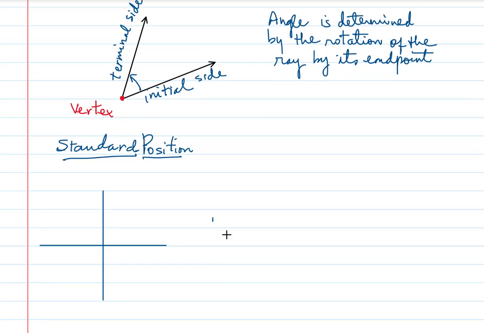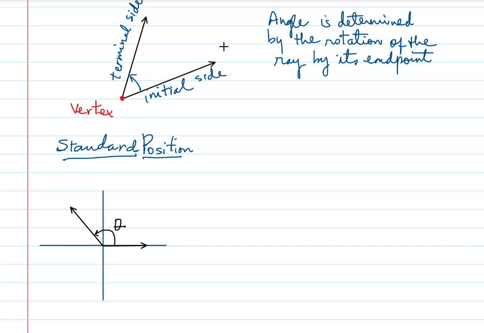I'm going to go ahead and place this initial side right here on the positive x-axis, and then of course the terminal side would be wherever that lands. So let's say it lands in the second quadrant there. We have our angle here, so let's call this angle theta. So this is a standard position.